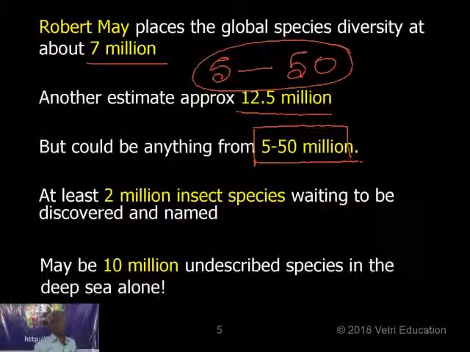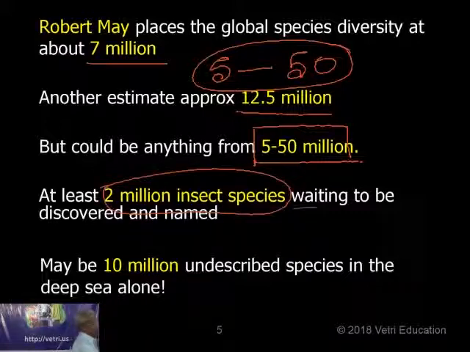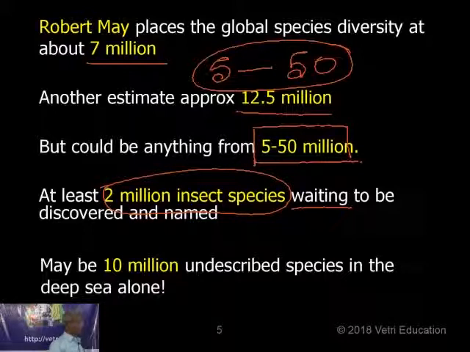And coming to microorganisms, so many exist in nature, but identifying, naming, and labeling them becomes very difficult, particularly different strains of bacteria and viruses. So we are not able to give a correct estimate of the living organisms in this world. At least 2 million insect species are waiting to be discovered and named.